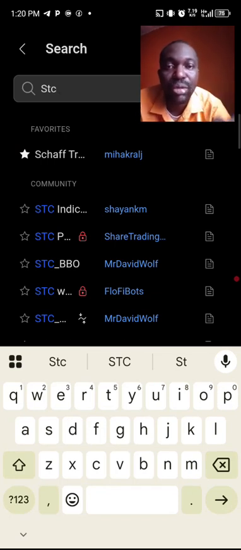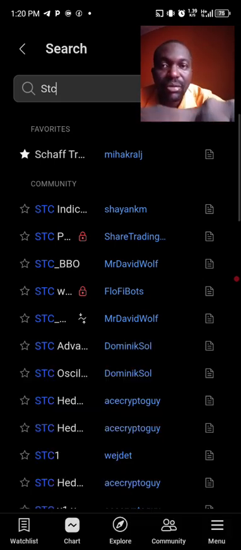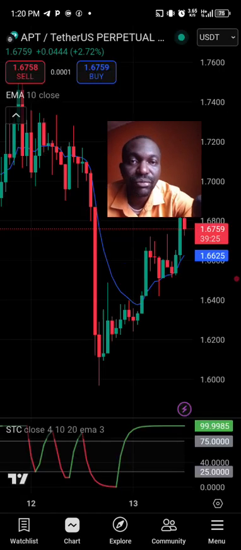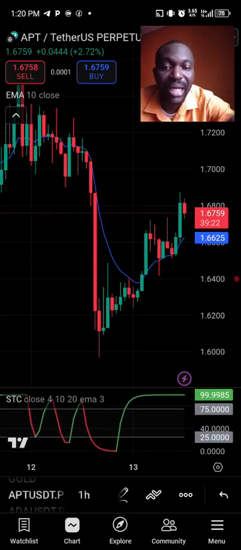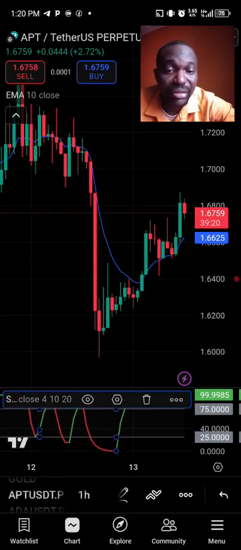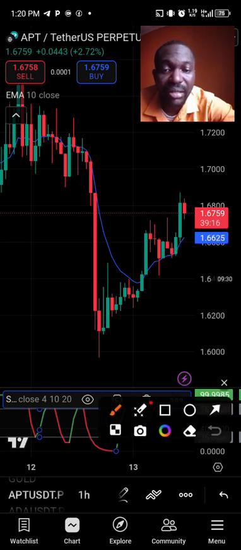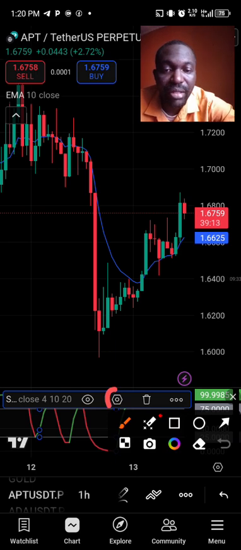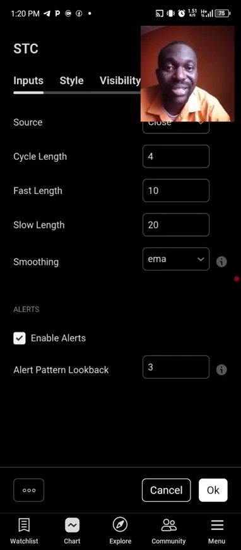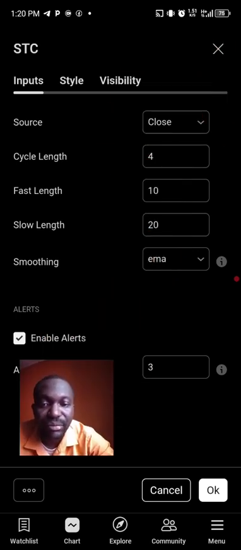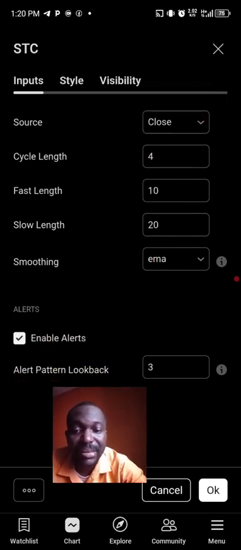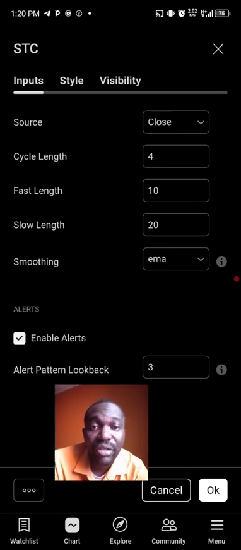Now, although I don't need to select it because I already have it on my chart, I'm going to open the settings of the STC, that setting button right here, so that we can know what the settings look like. Now this is the setting for the Schaff Trend Cycle.